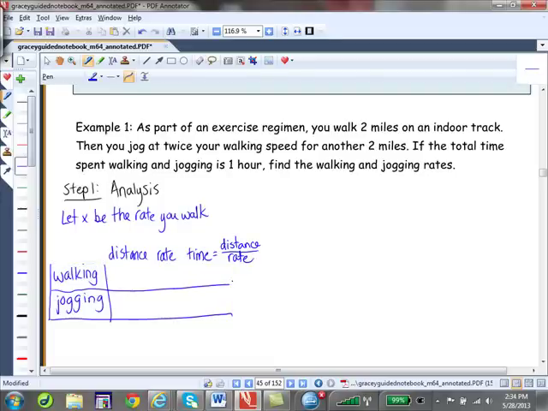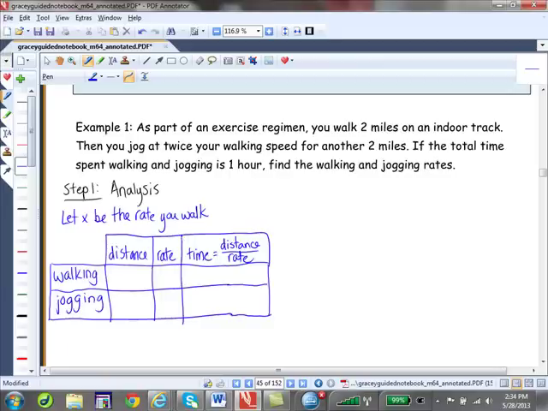Let me fix my box here. Okay, here we go. So let's fill in the box. We walked 2 miles. 2 miles walking. The rate, well, we name that as x. So time equals distance over rate.